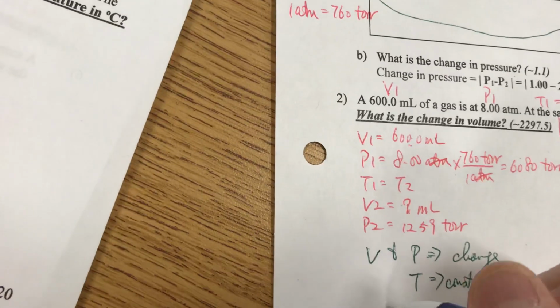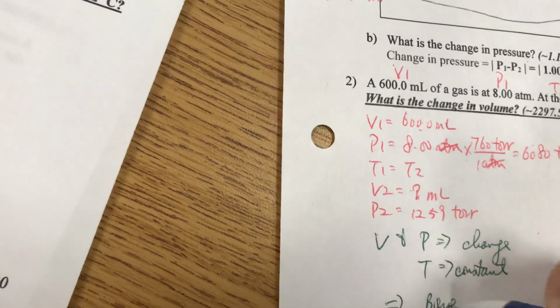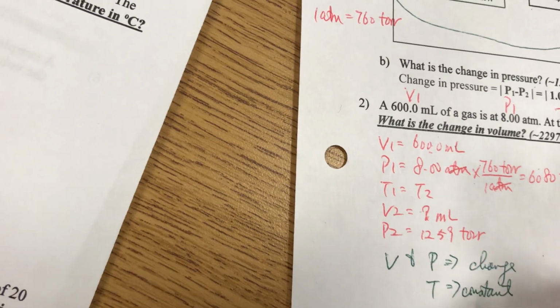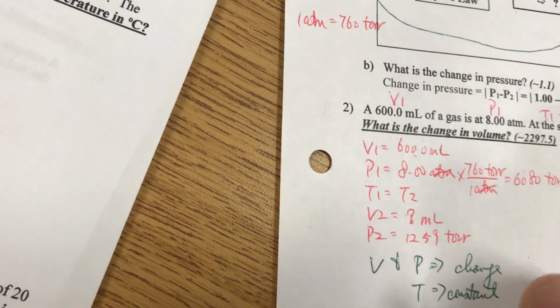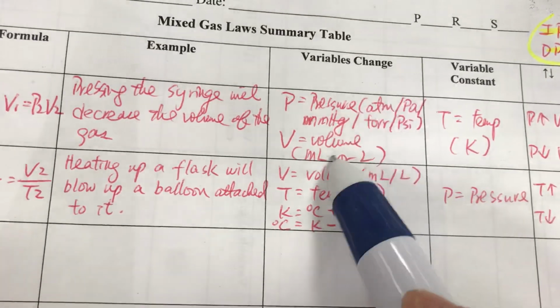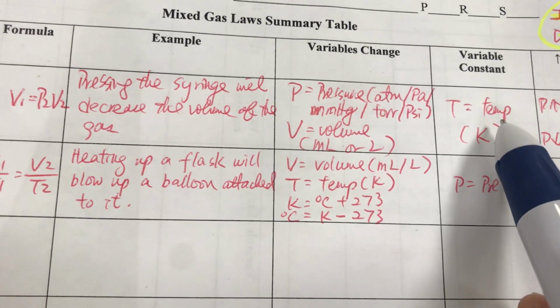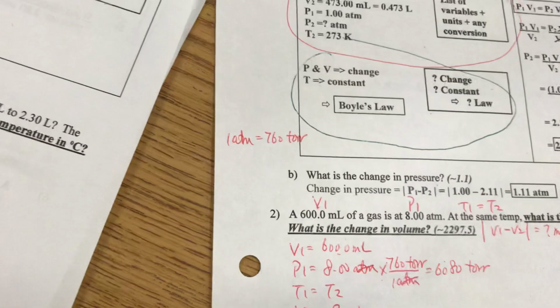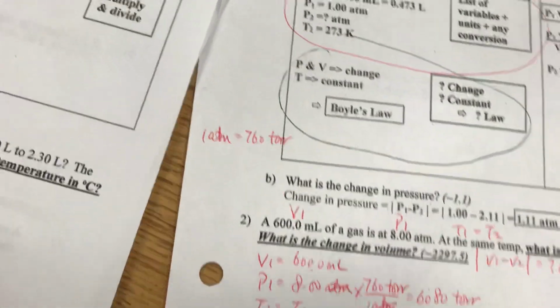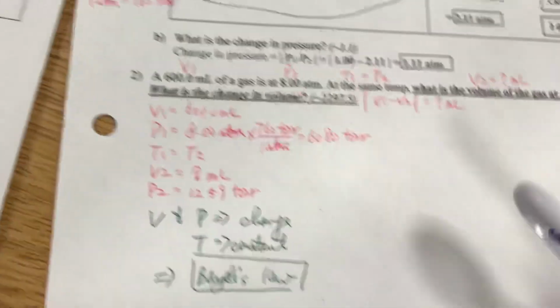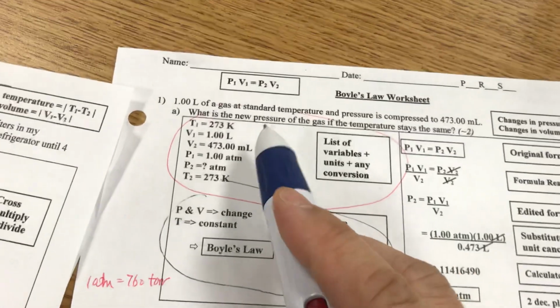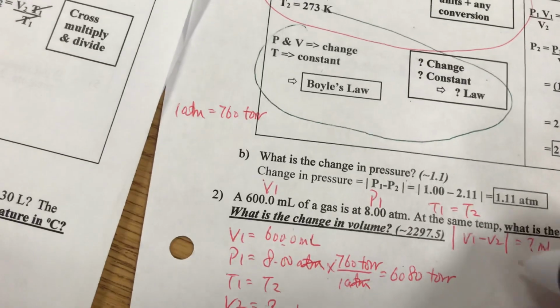So based on this, this is Boyle's law. How do I know it's Boyle's law? Because I just told you my P and my V are changing, and my temperature is constant. Okay, so now we use the blue pen to write out my formula. My formula is P1V1 equals P2V2.